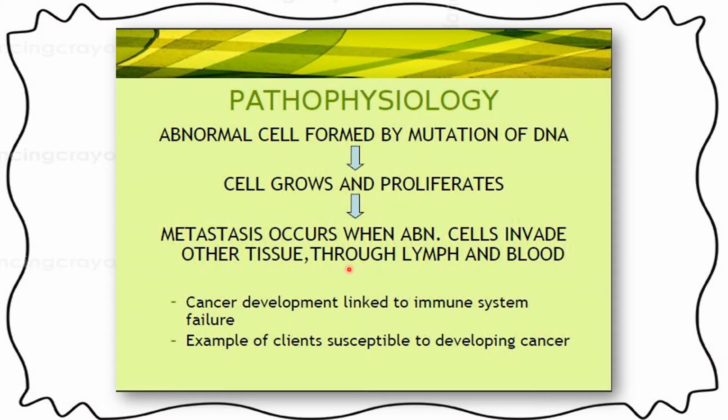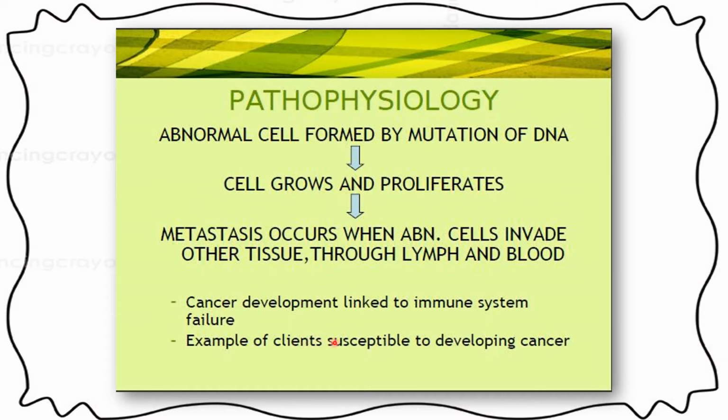Ultimately, cells acquire a variety of capabilities that allow them to invade the surrounding tissues and/or gain access to the lymph and the blood vessels, which carry the cells to other areas of the body, resulting in metastasis or spread of the cancer that can occur again when these abnormal cells invade other tissues.